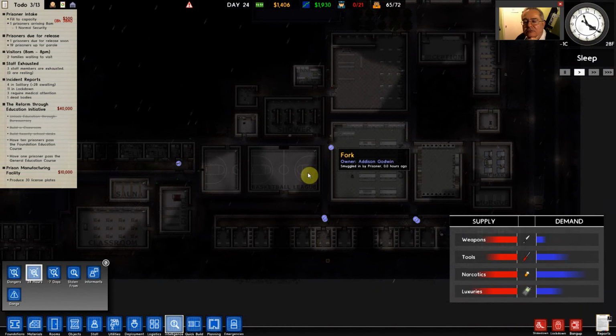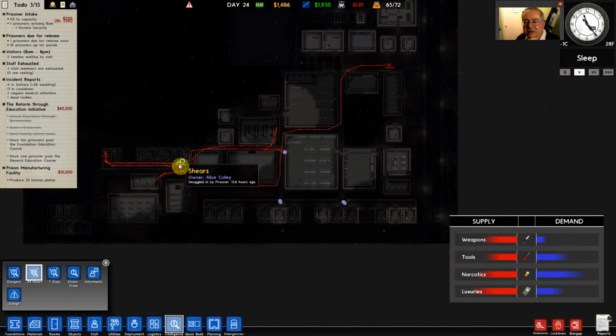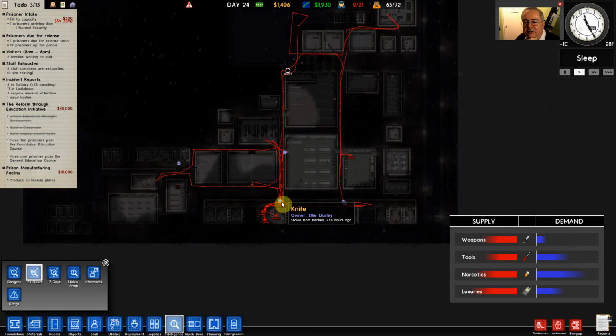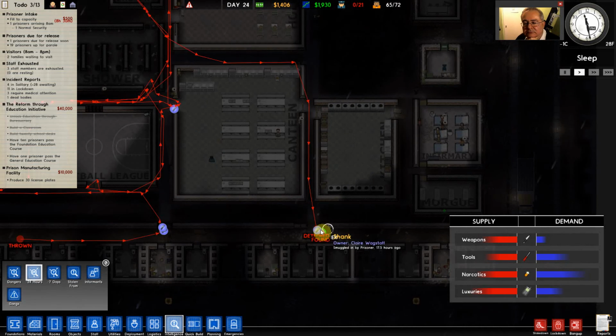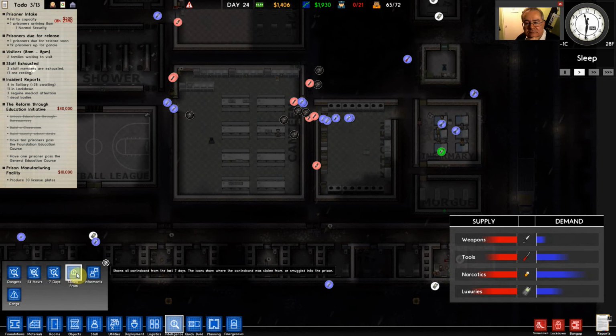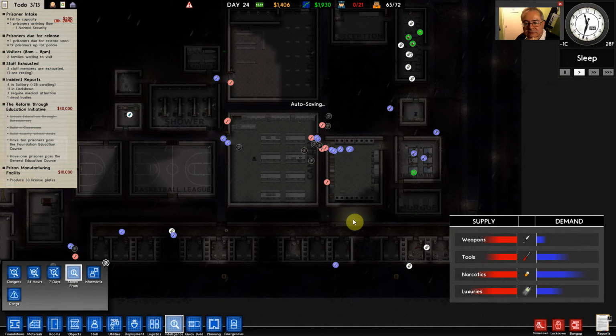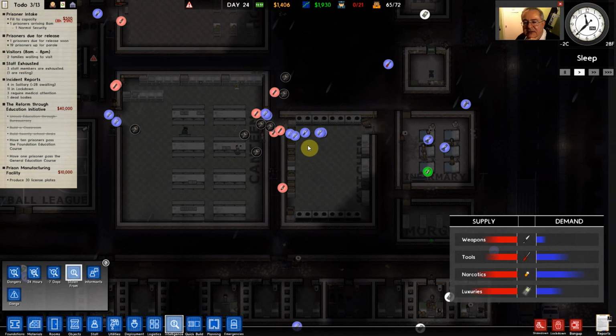Few little bits of shears. This is where they went. Whoosh. Knife. Do you think I need to station a guard here to stop people stealing cutlery?